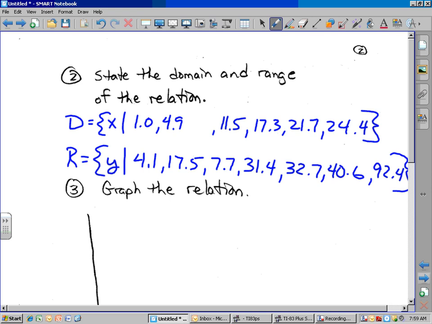We know we can't repeat, or we shouldn't repeat. Should we have them in order? Like the domain is in order from smallest to largest, but the range is not. What do you think? Yes, we should reorder it in ascending order. We won't do that right now, but yes, we should.